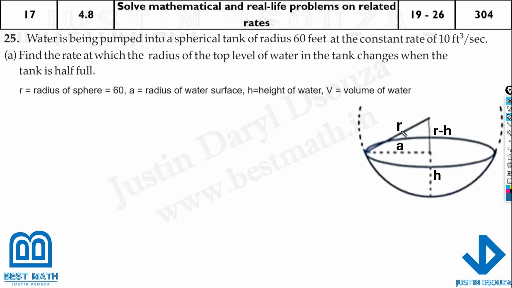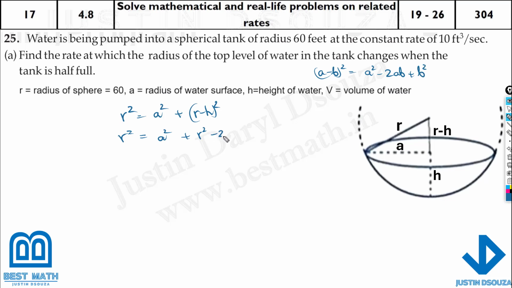Now, what is the relationship here? It'll be r squared equals a squared plus (r minus h) the whole squared. We'll just use the squared formula. It'll be r squared is equal to a squared plus r squared. Now this is the (a minus b) the whole squared identity: a squared minus 2ab plus b squared.